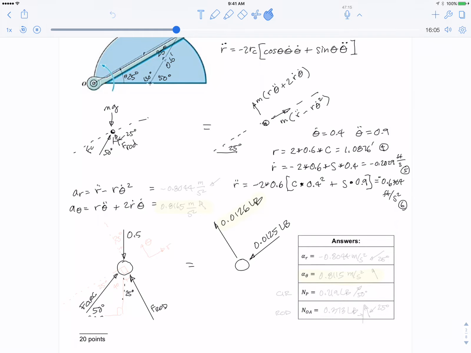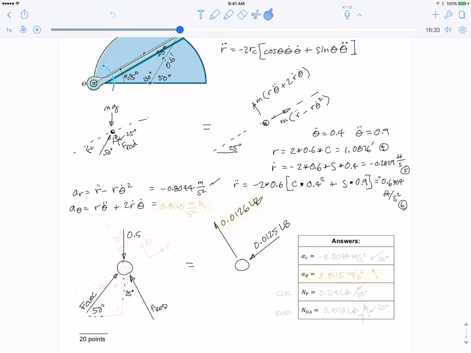It's kind of funny, now that I'm going slow, I'm making more mistakes than when I went fast. I forgot the negative sign on r double dot earlier, but I did catch it before I continued. So r double dot was minus 0.6304. So r double dot minus r theta dot squared ends up being minus 0.8044 feet per second squared.